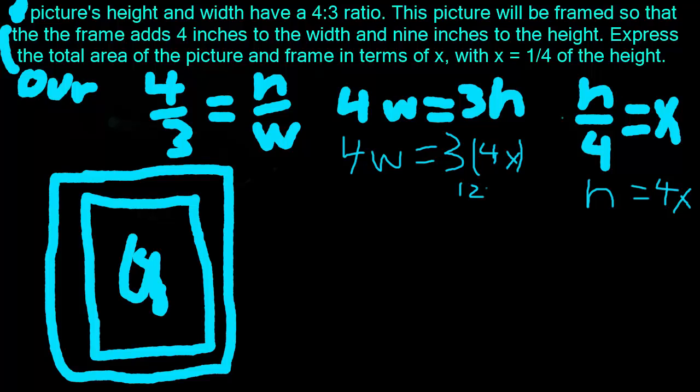So 4w equals 12x, and w equals 3x. So I'm just going to use those instead of w and h in my equation, because that'll set up our binomial nice and easy for us after we solve.